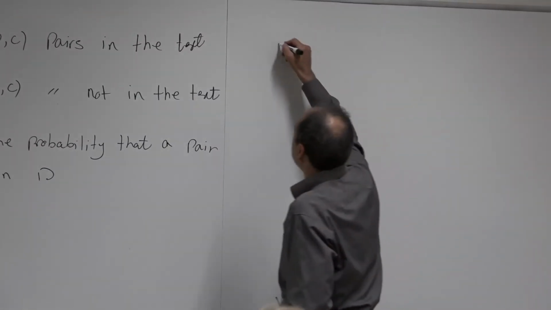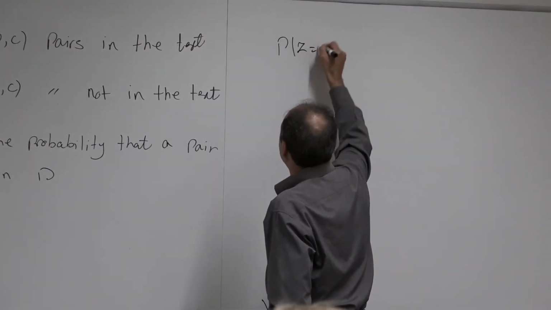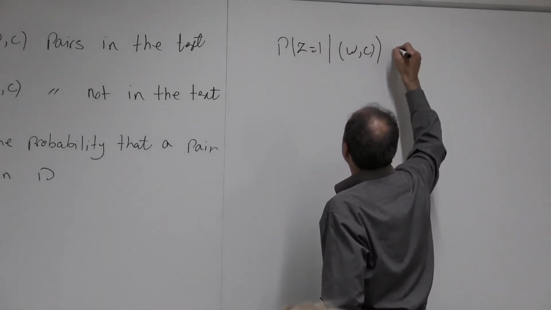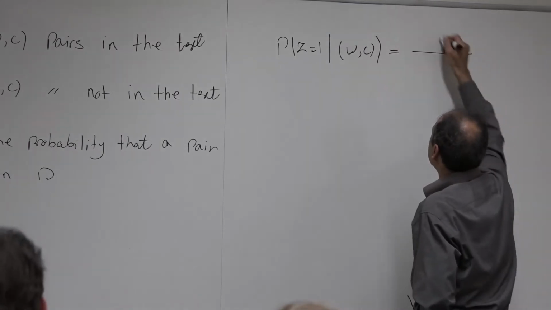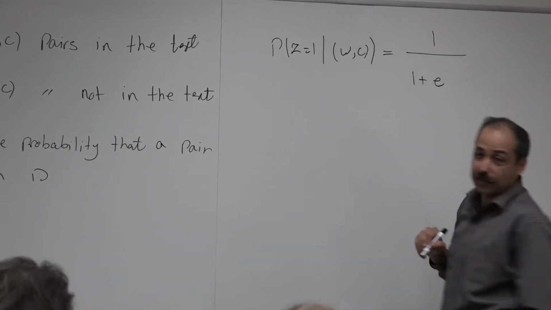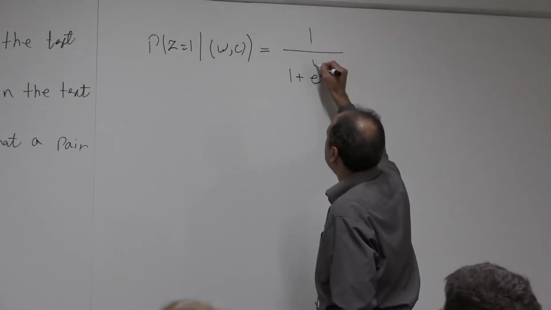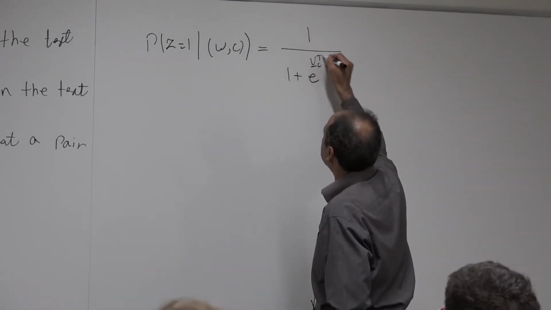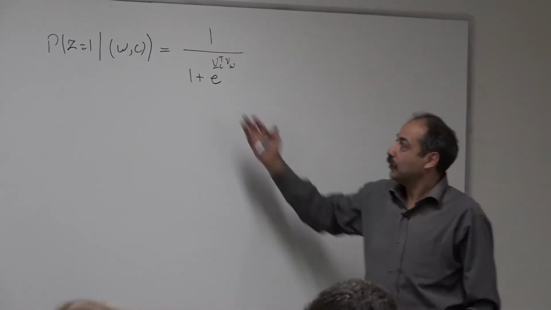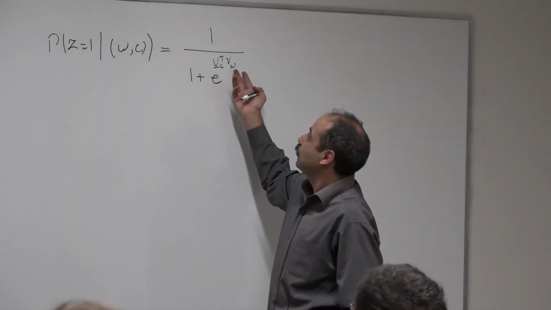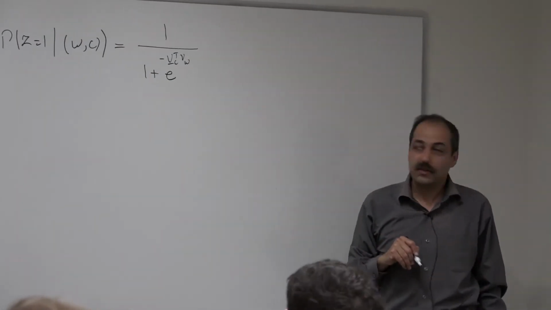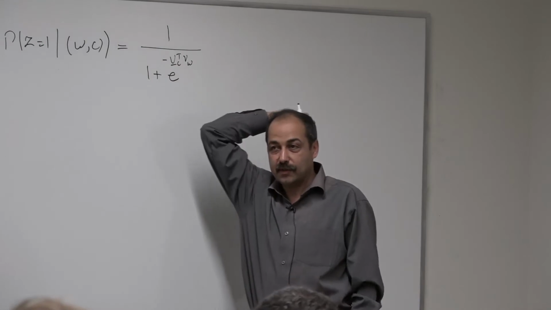But anyway, I can assume that each of these probabilities can be represented by a logistic function. I can say that the probability that Z is equal to 1 given this pair is 1 over 1 plus e to the power of VC transpose VW. So I represent these two words by two vectors, and this is basically a logistic function which represents this probability.